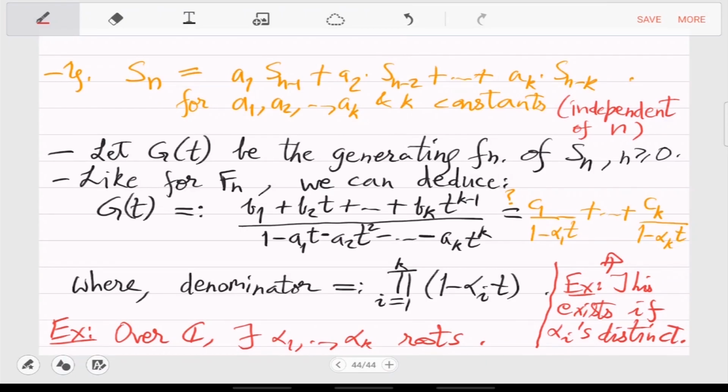You will again take the LCM and C1 you will multiply with a k minus 1 degree product. And you will again see that the number of unknowns is k and the number of constraints is k, and you can solve it. But if alpha i's repeat, for example, if all the alpha i's were equal, then you are looking at 1 minus alpha t raised to k, right?